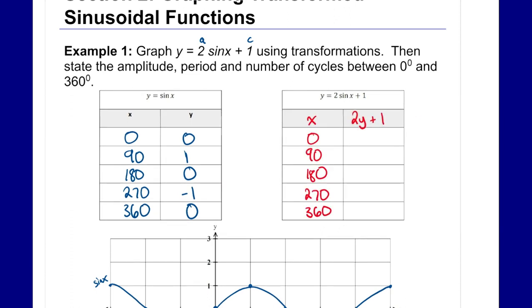So I'm going to take my y values and apply these transformations to them. 0 times 2 is 0, plus 1 is 1. 1 times 2 is 2, plus 1 is 3. 0 times 2 is 0, plus 1 is 1. -1 times 2 is -2, plus 1 is -1. And then 0, we've had that value before, so it's 1.